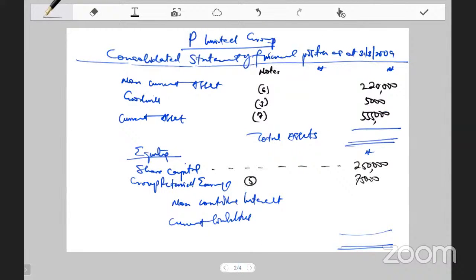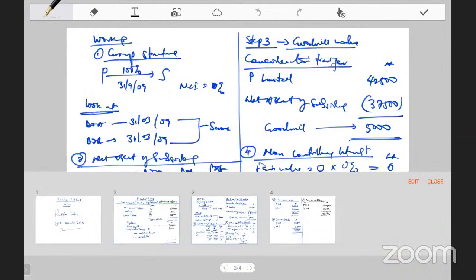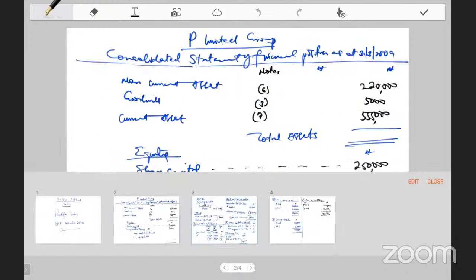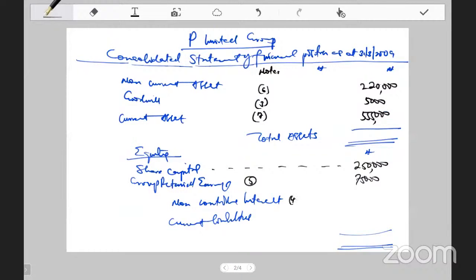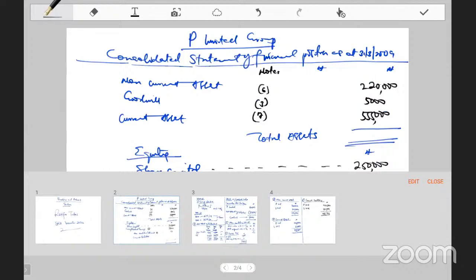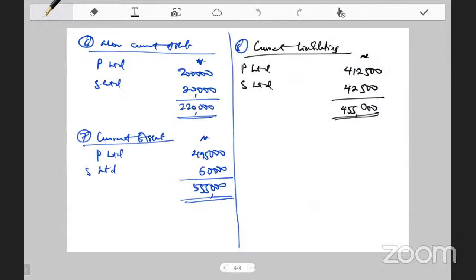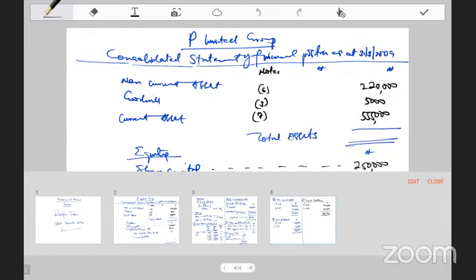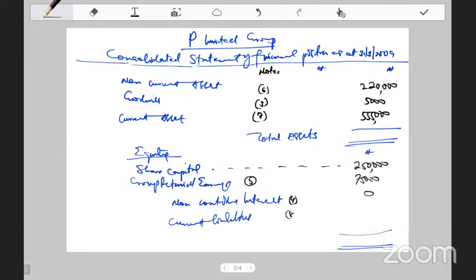My non-controlling interest, that is my working 4, and the answer is 0. So I just come here, working 4, and the answer is 0. My current liability is working 8, and my answer is 455,000.